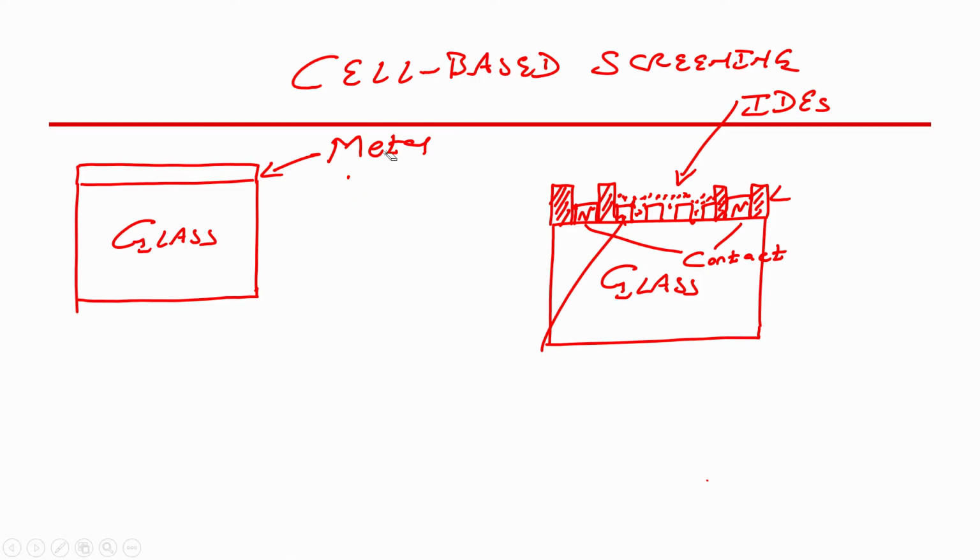I always use the word chrome gold, not only gold, because a thin layer of chrome will help in improving the adhesion of gold to the substrate. If you directly deposit gold, the adhesion of the gold to the substrate is poor, and that is why we use a thin layer of chrome over which we deposit a thick layer of gold.